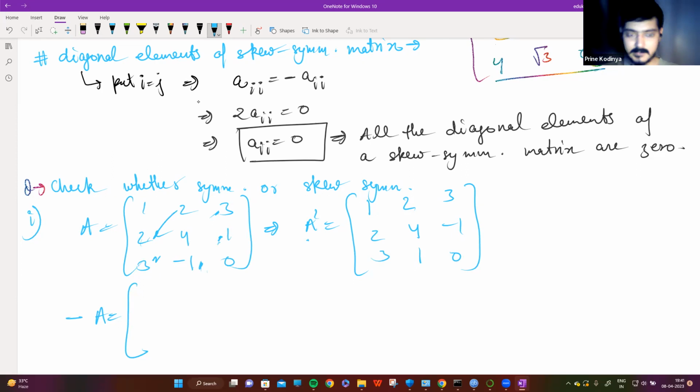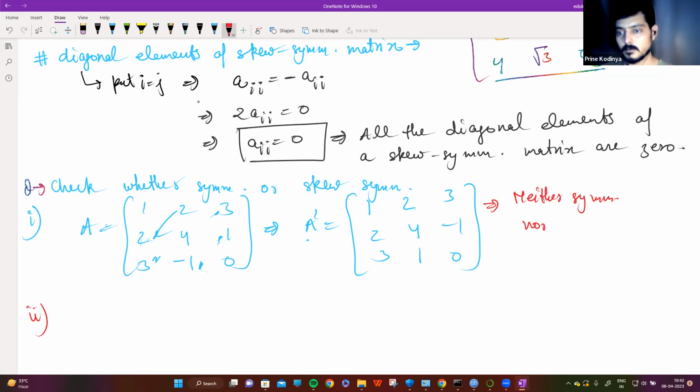So if the matrix is given, just simply check it by the rule. And if it's not given, then you will have to take the transpose. Now, how will you take the transpose? I'll give you one example, but first you identify. So this is neither symmetric, right? Nor skew symmetric.